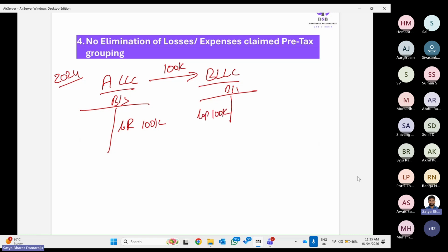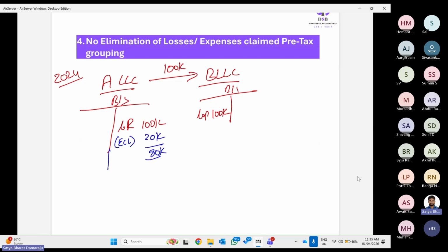Later, after 6 or 8 months, A LLC recognized an impairment, an expected credit loss of 20,000 against this loan, and shows only 80,000 as net loan receivable on 31st December 2024.